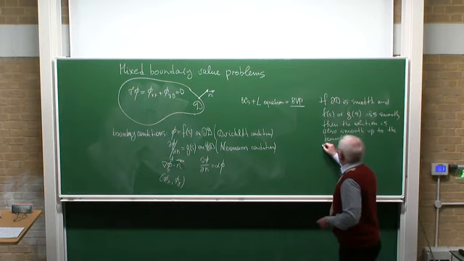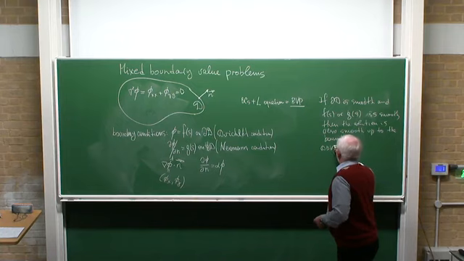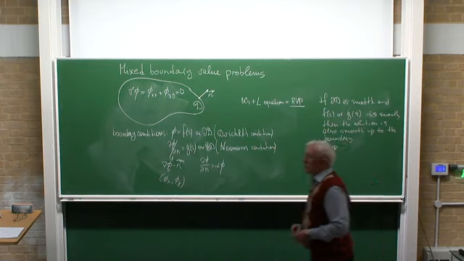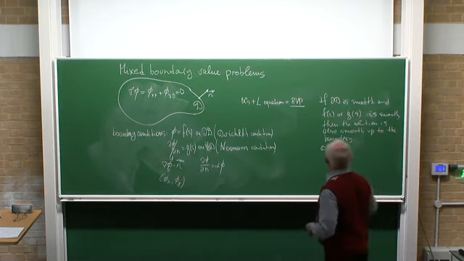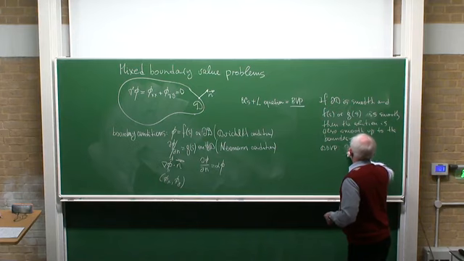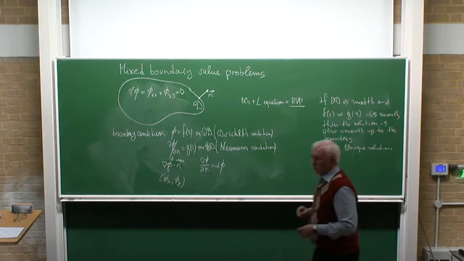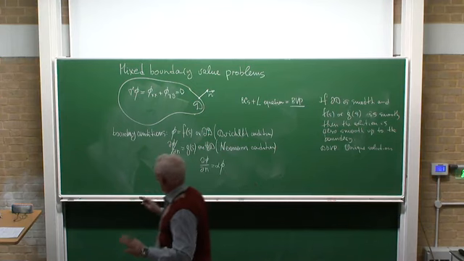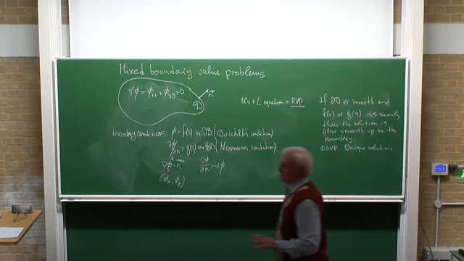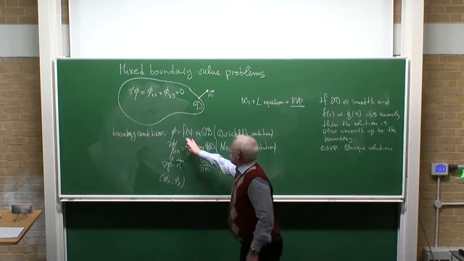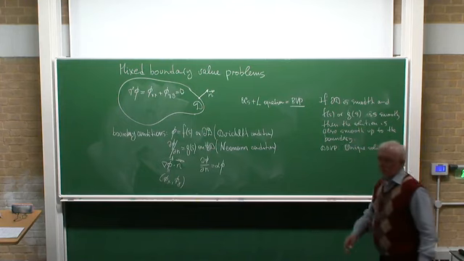Then, the Dirichlet boundary value problem has a unique solution. If the function satisfies the Laplace equation and is given on the boundary, more or less smooth, then the solution is unique.